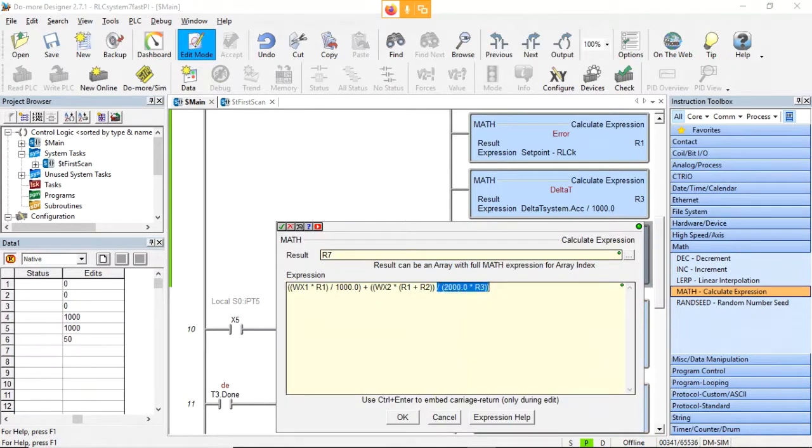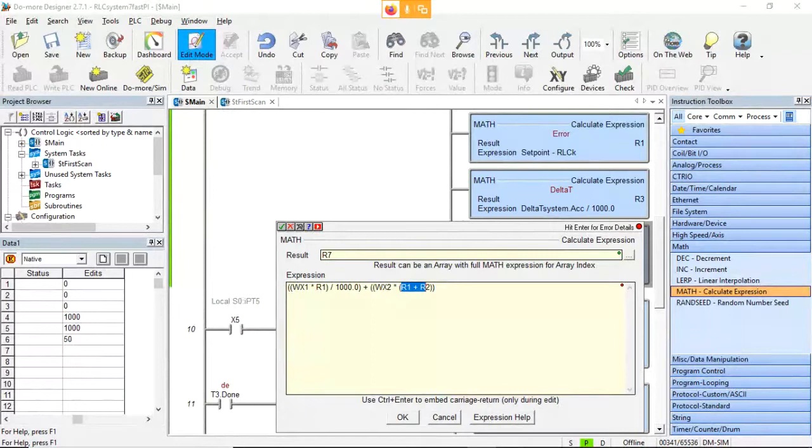What I've got here is R1, which is my error. WX1 is the gain, as I said in the lab. This is an analog input, so we can tune it and adjust these on the fly. So analog input 1 is my proportional gain, and analog input 2 is my integral gain. When we do derivative, we'll have that too.